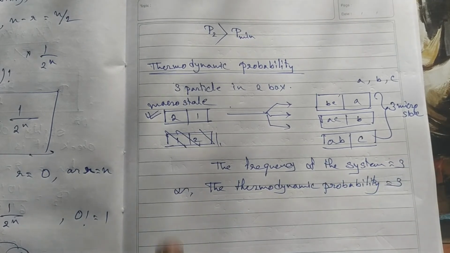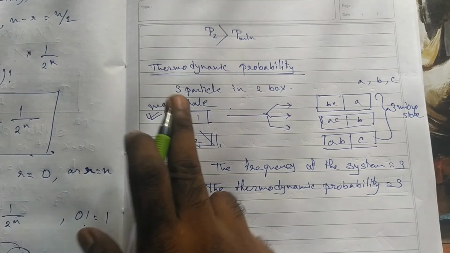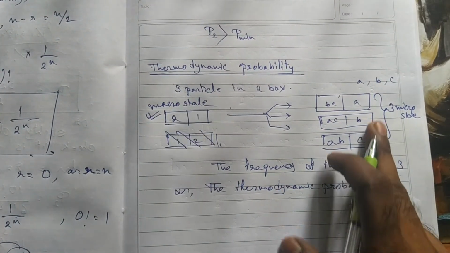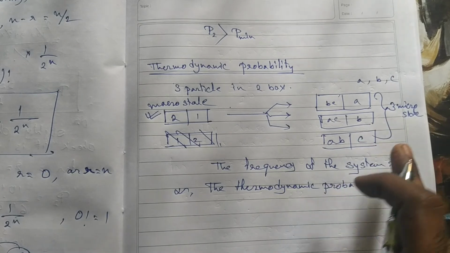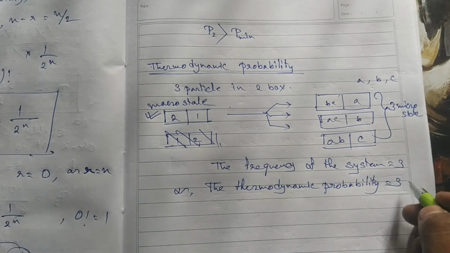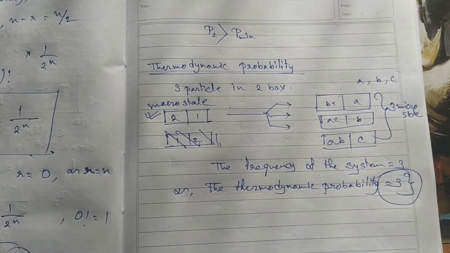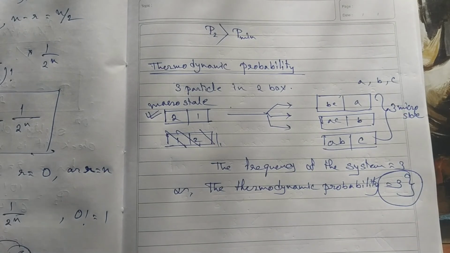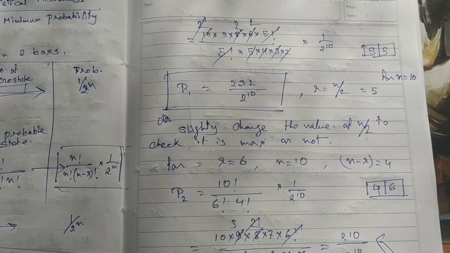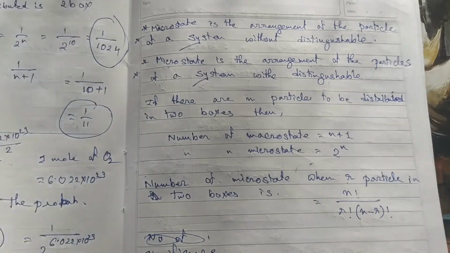That means for each macrostate, the number of microstates you have is known as the thermodynamic probability. Is it clear? So let's see it for n number of distribution.